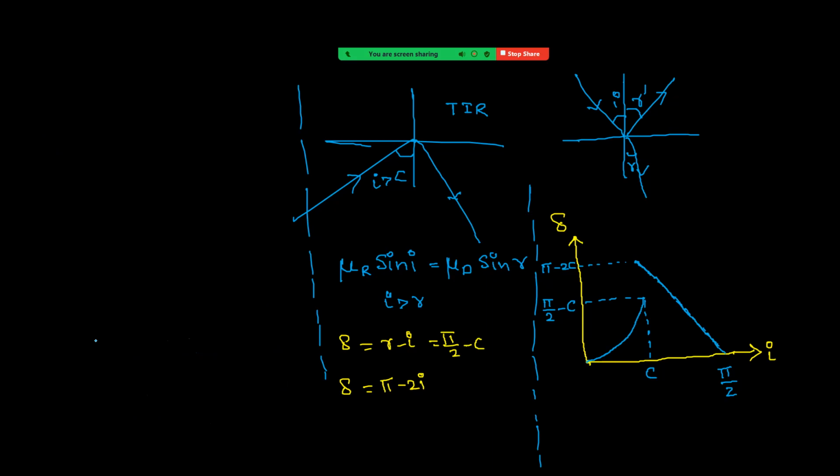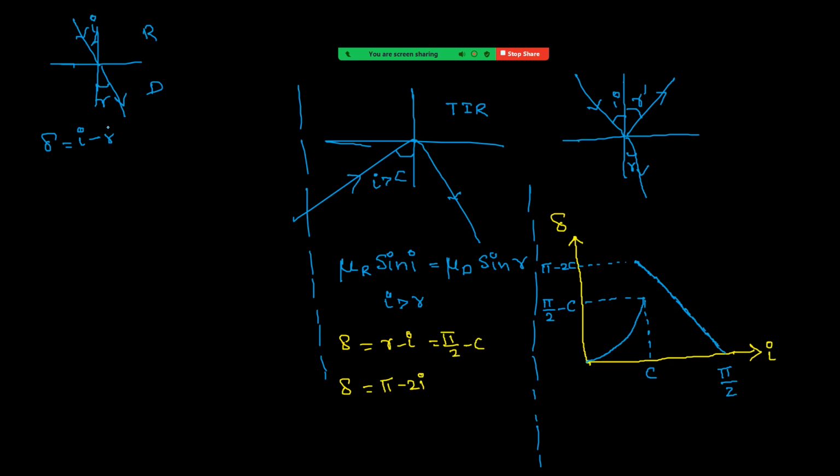If the light ray travels from rarer to denser medium, this is rarer and this is dense. Angle of incidence and angle of refraction, this is R. So in this case, angle of incidence is greater than R, right? So deviation will be I minus R.